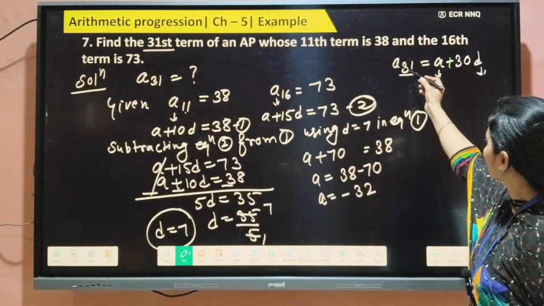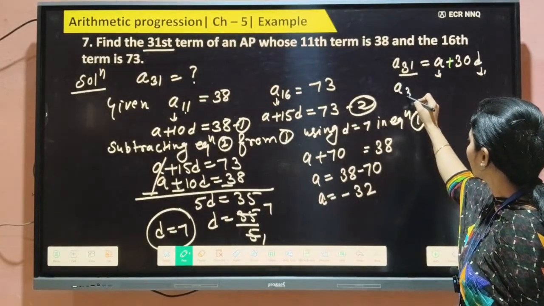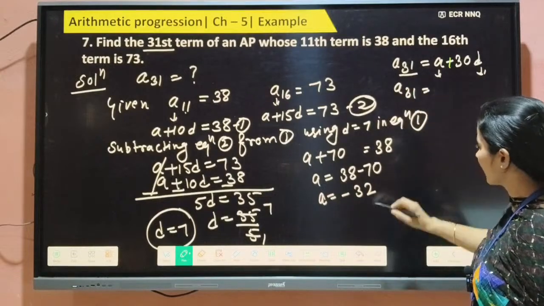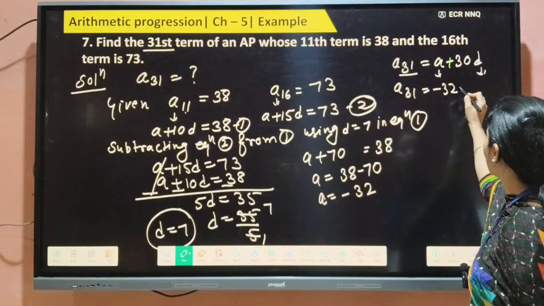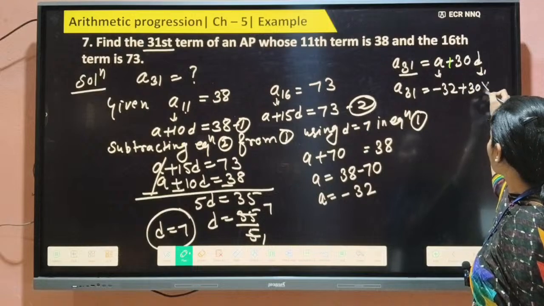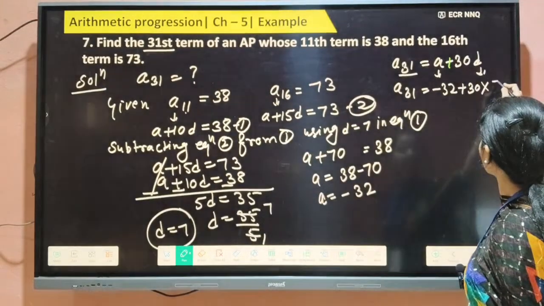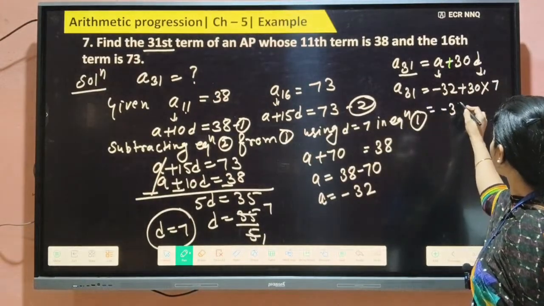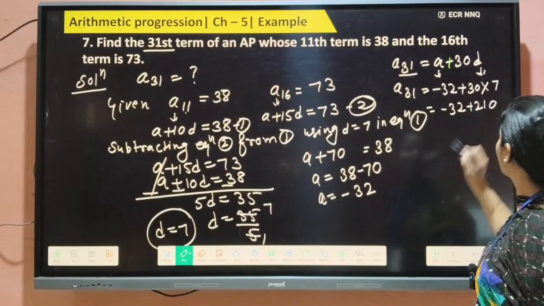Now see the A31 term. The value of A is minus 32 and 30 as it is, the value of D is 7. It is minus 32 plus 210.